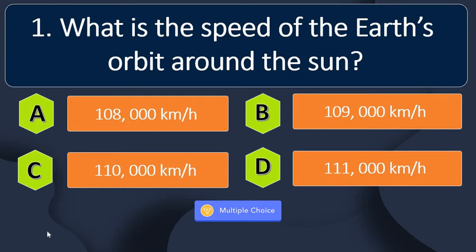B, 109,000 km per hour? C, 110,000 km per hour? Or D, 111,000 km per hour? You're correct, it's letter A, 100,000 km per hour.